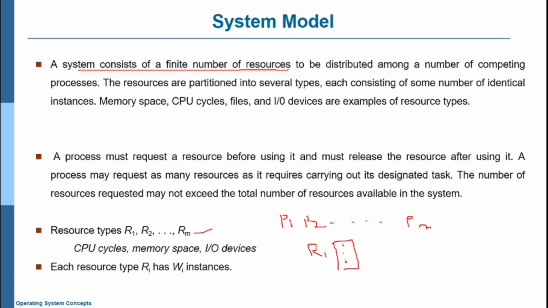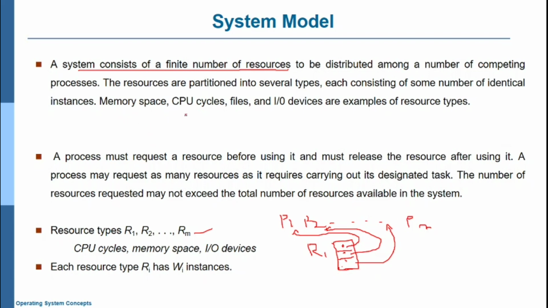For example, you have three instances, like partitions. Each part may be given to one process. This part may be given to process P1, this part to process P2, and this to process P3. In this way, each resource is partitioned into several instances.